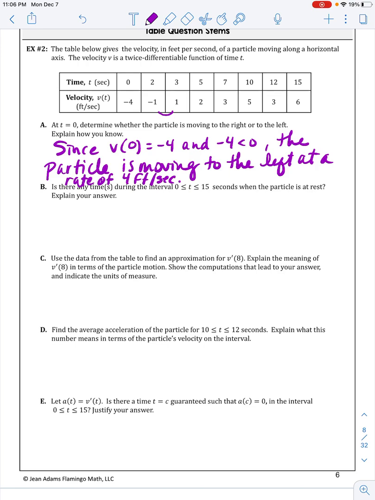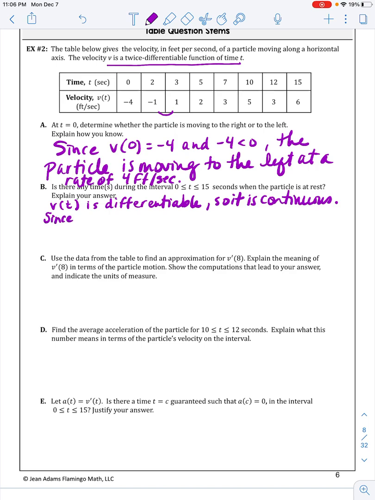So I have to say that v of t is differentiable, so it is continuous. And that's what they stated up here, so I was able to say that. Remember, if it's differentiable, then you can automatically assume it's continuous. And that is one of the things that you need for the intermediate value theorem.